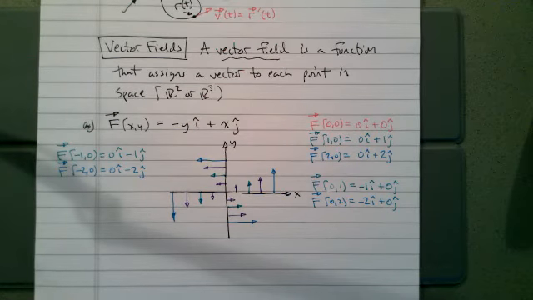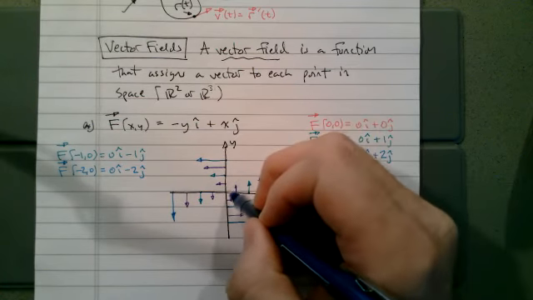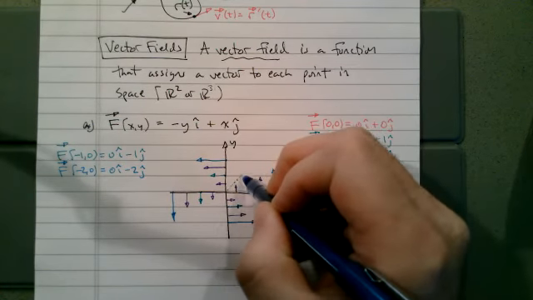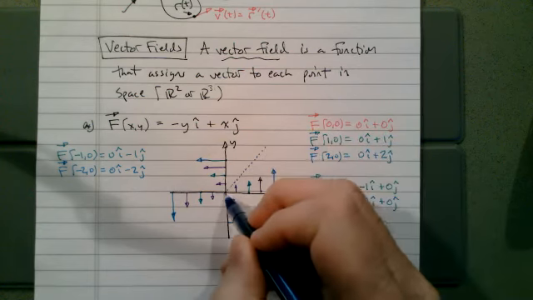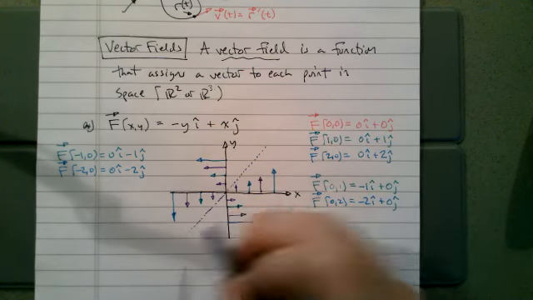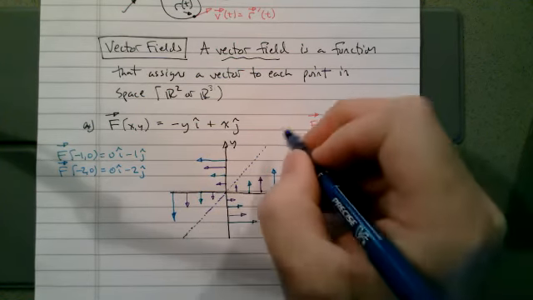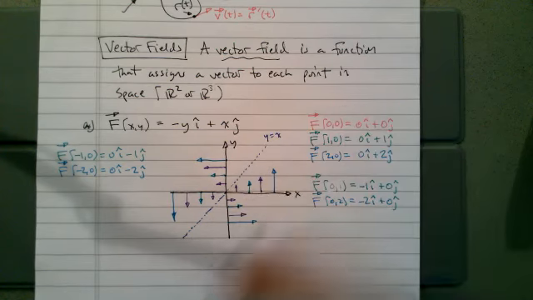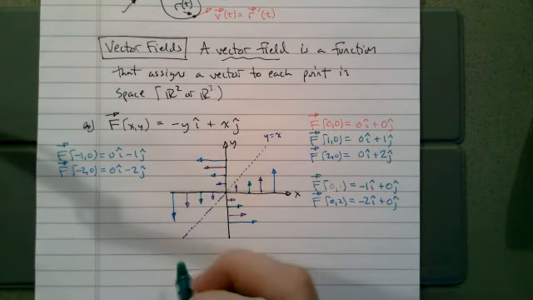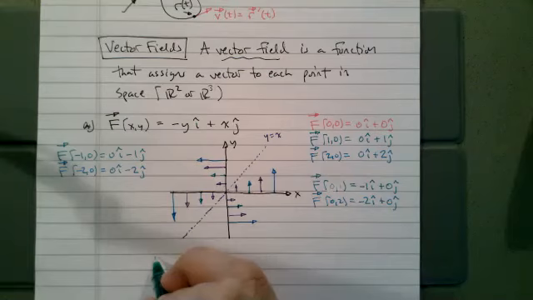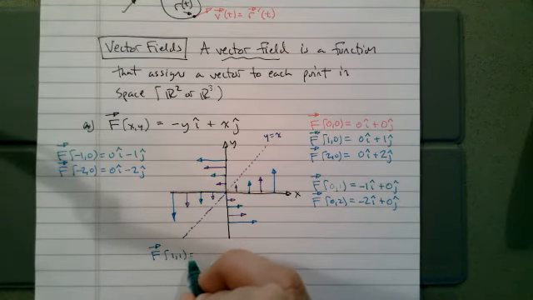Let's think about some more points. If we think about along the line where y is equal to x, if we plot some points here, so let's say we calculate along this line y equals x, the vector at 1, 1.